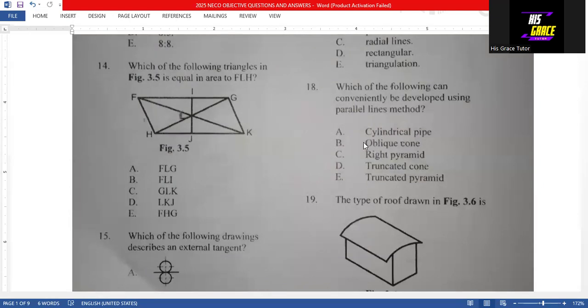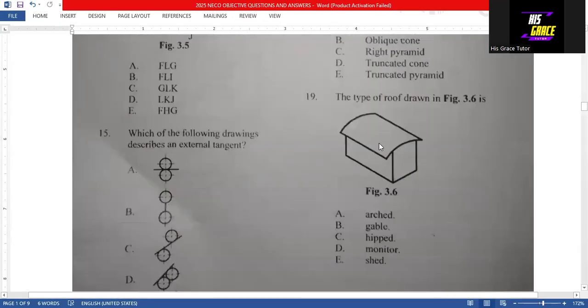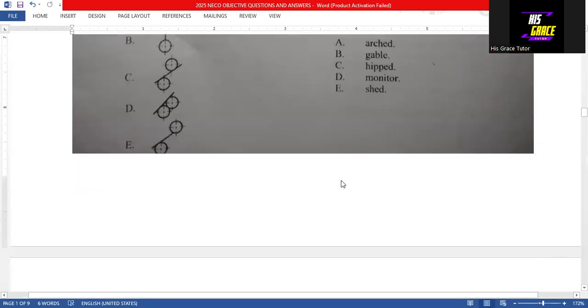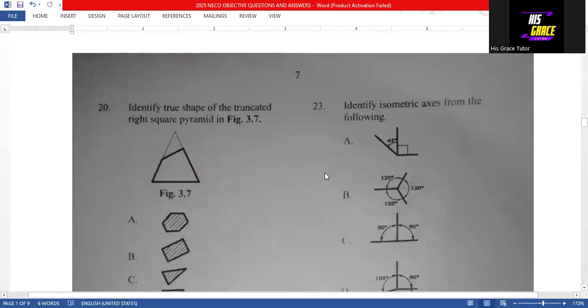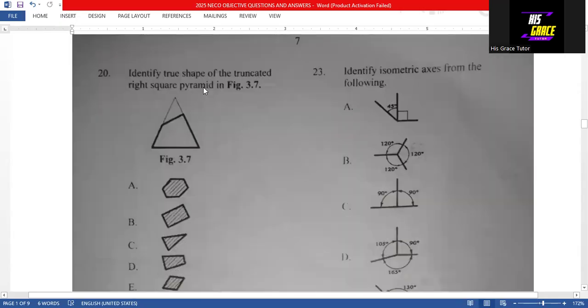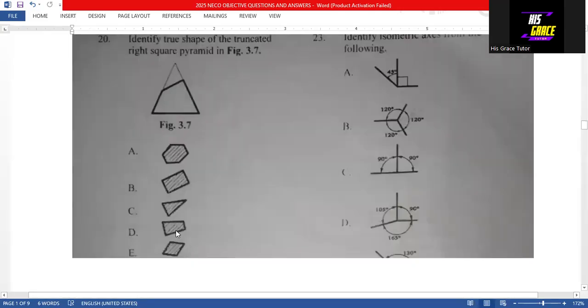So we use the parallel lines method to develop a cylindrical pipe. Then question 19. The type of roof drawn in figure 3.6 is an arched roof. Then question 20. Identify the true shape of the truncated square pyramid in figure 3.7. So the answer is option D.